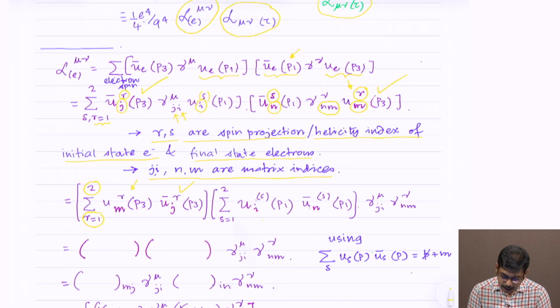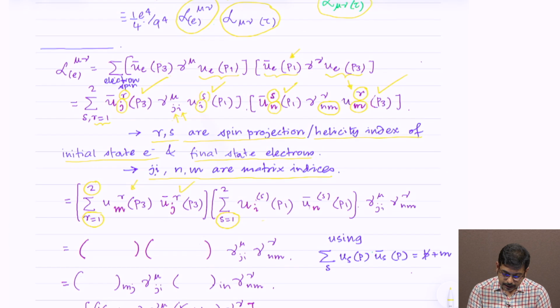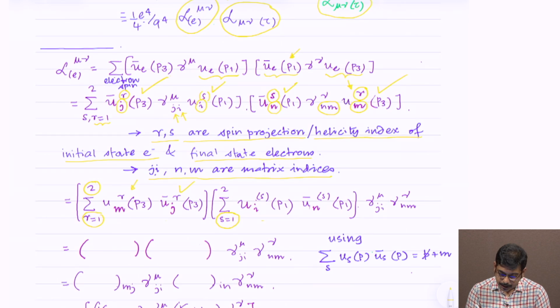Then you have to do the sum over the helicity states s equal to 1 to 2. And what are the spinors that you have here? The spinor is here P1 and here P1. So I am writing u i s P1 u bar s n P1, correct, and then the gamma matrices component gamma mu j i and gamma nu n m, correct.